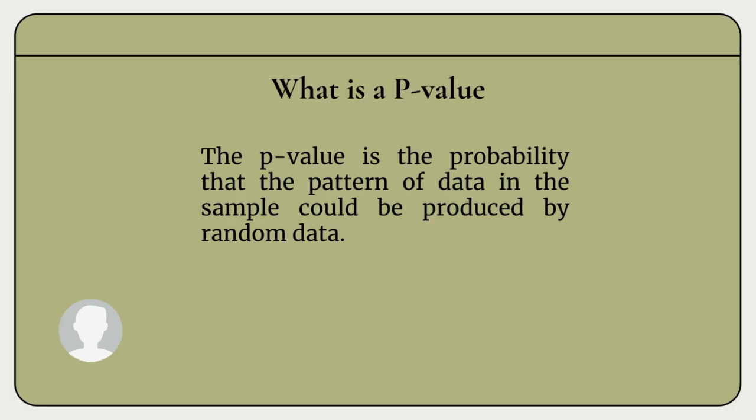What is the p-value? The p-value is the probability that a pattern of data in the sample could be produced by random data. Just like what I said earlier, it determines whether the result or the difference between the means is only by chance or not.